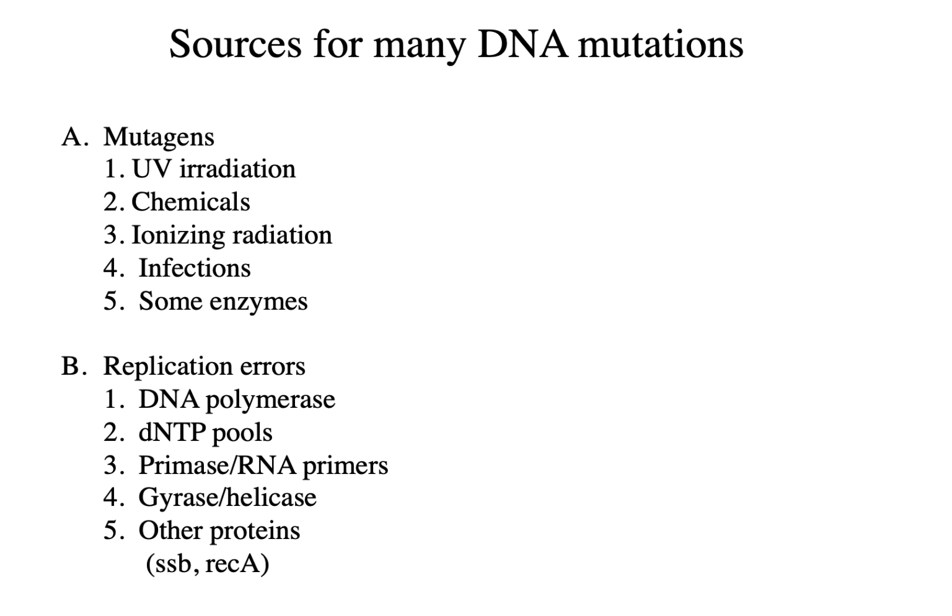Altered dNTP pools, primase and the RNA primers, gyrase and helicase, mutant enzymes such as those, and then other things such as single-stranded binding proteins and RecA or Rec1, which are single-stranded binding proteins as well. All of these are required in DNA replication, and if there are either low levels of some of those or they're mutants themselves, then you can introduce more errors during replication.